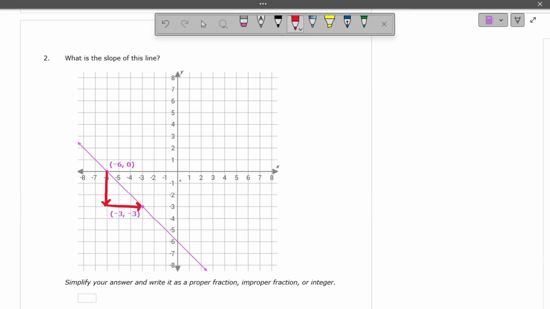It looks like we're going from 0 to -3, so -3, and then -6 to -3, which is just +3. So again, rise over run, our slope would be -3 over 3, which you always want to write in the simplest form possible, which is -1. So our slope is -1.